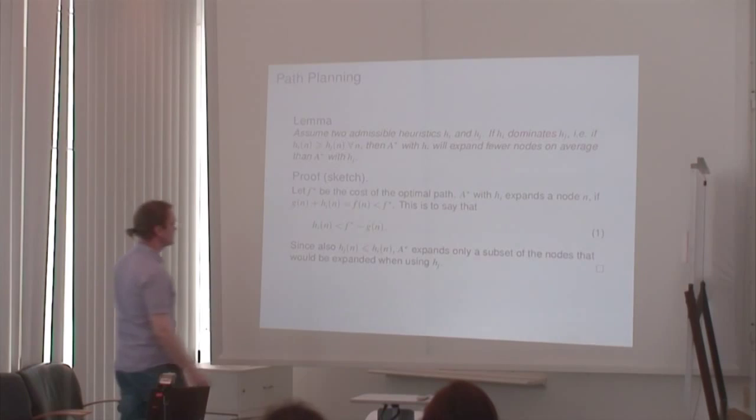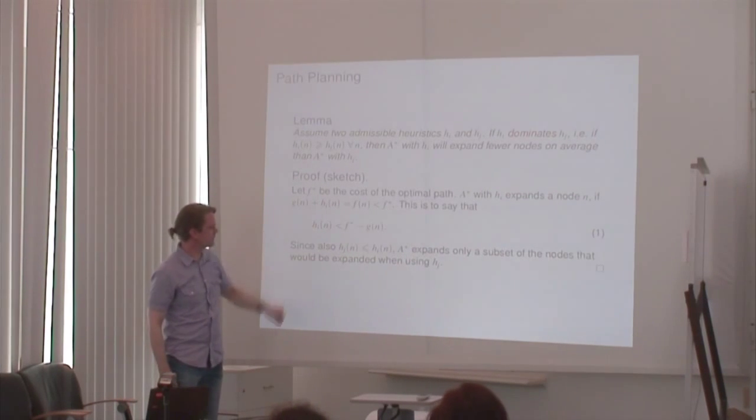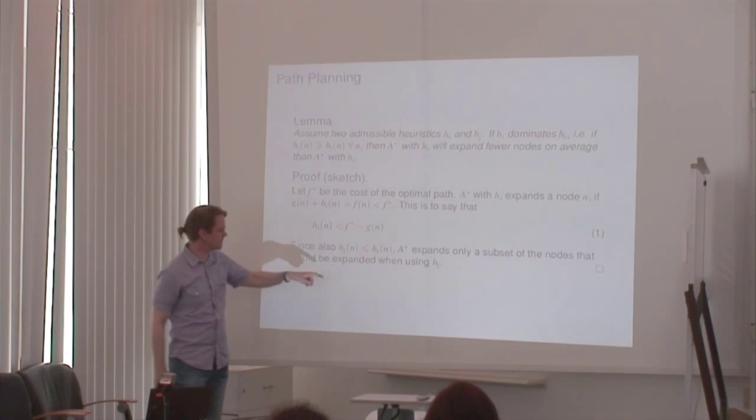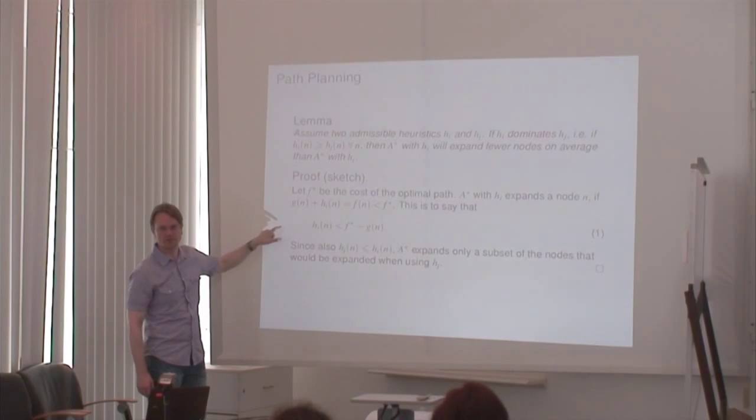Now this g is the same for both heuristics. We know that Hi is larger than Hj, so Hj would be smaller here.